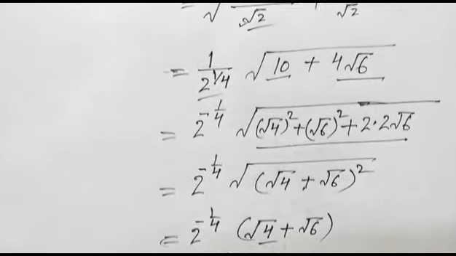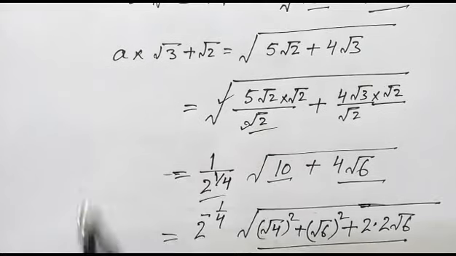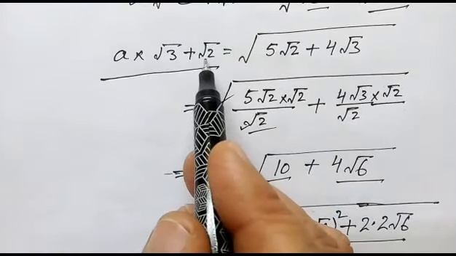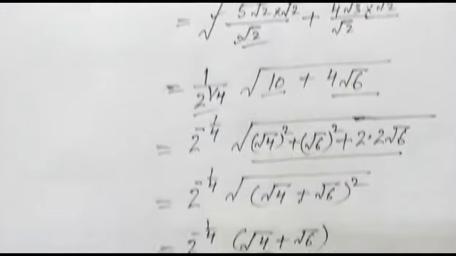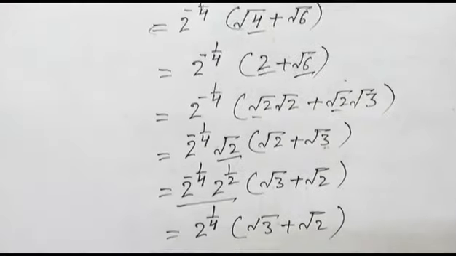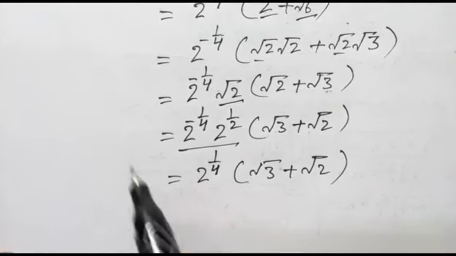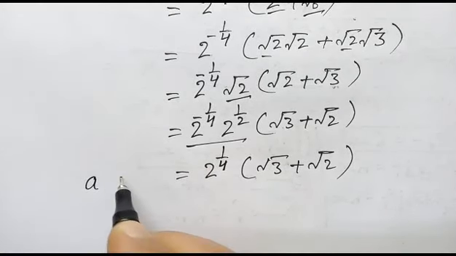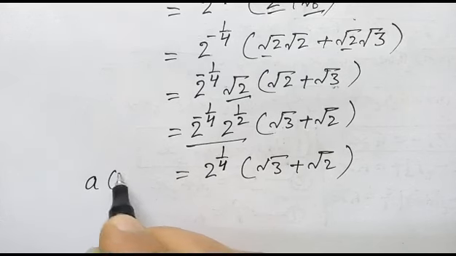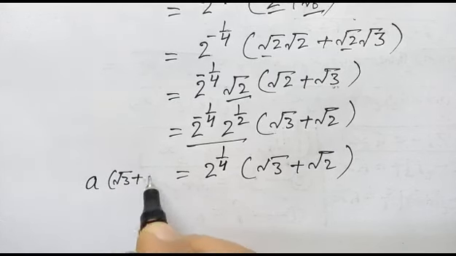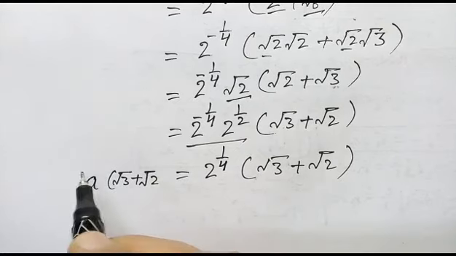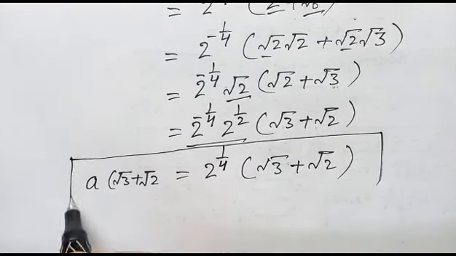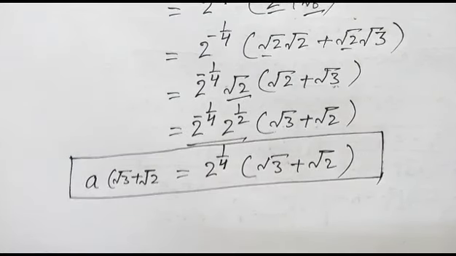As a into square root of 3 plus square root of 2 will be equal to this. So a into square root of 3 plus square root of 2, right?